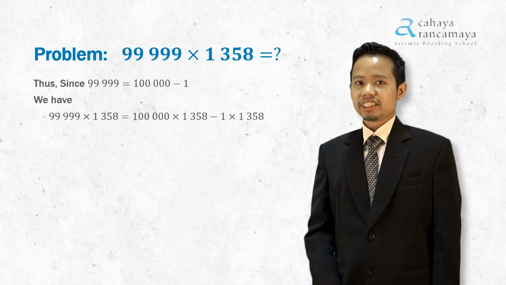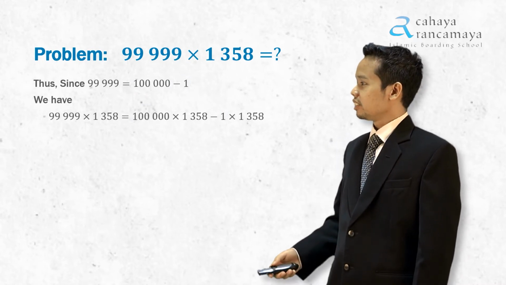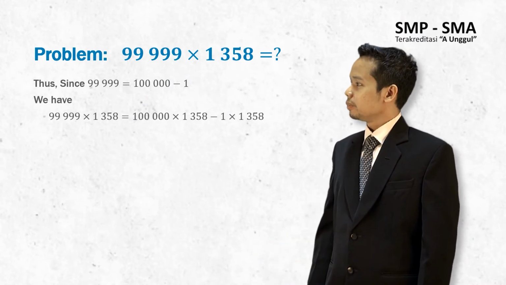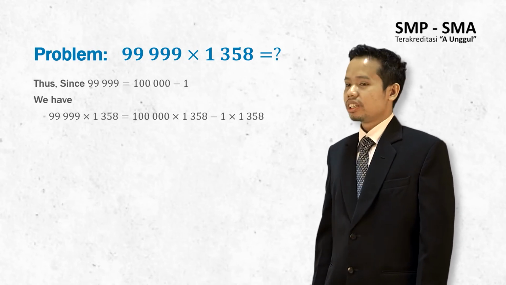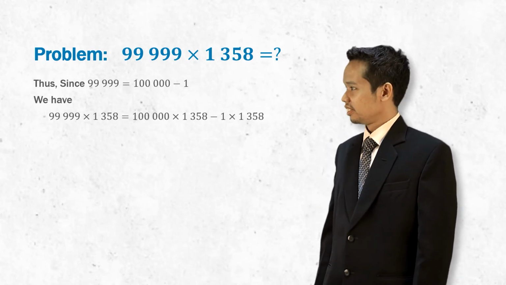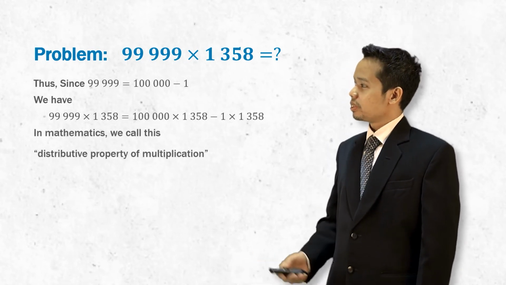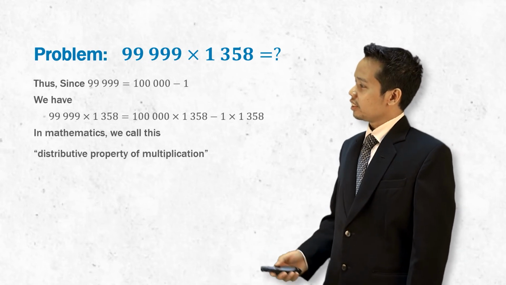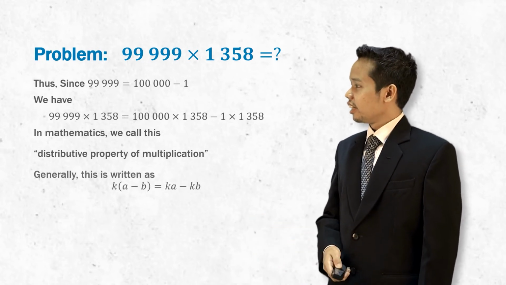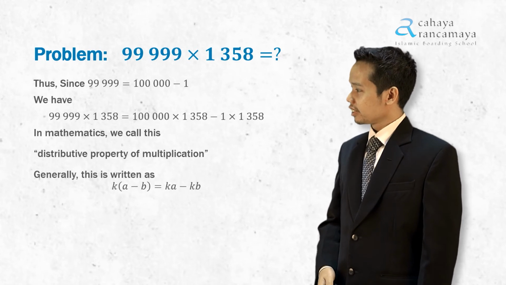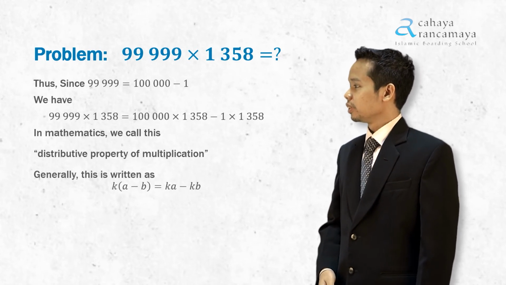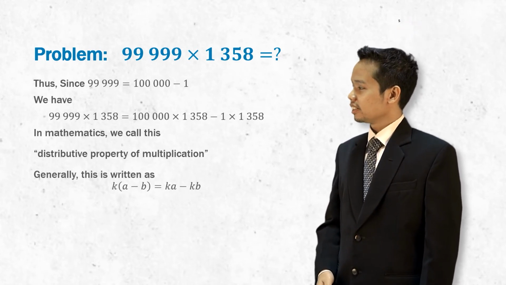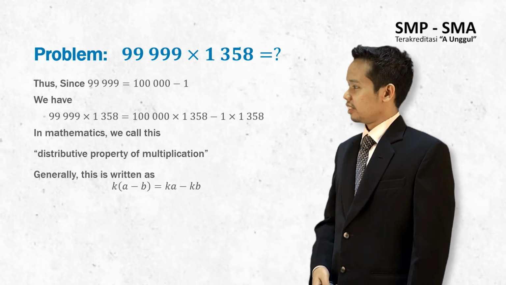In mathematics, this is what we generally call the distributive property of multiplication. Formally, we write this expression as K times (A minus B) is equal to KA minus KB.